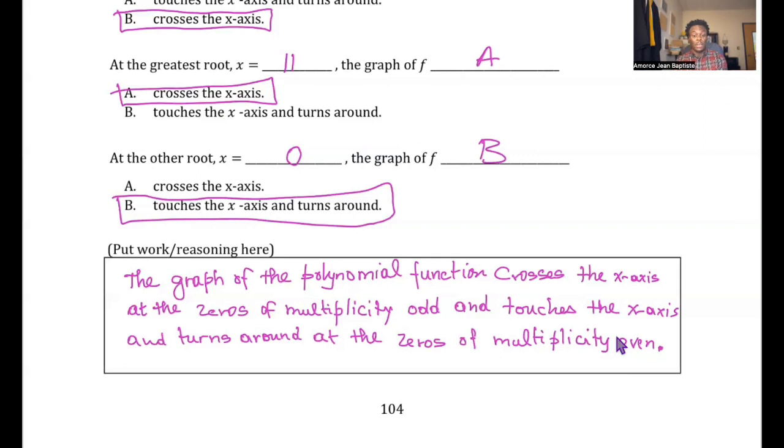If it's even, we touch and bounce and turn around. If it's odd, it crosses the x-axis. And the higher the multiplicity, the flatter the graph is at the x-axis, and the slower the movement on the x-axis will be.